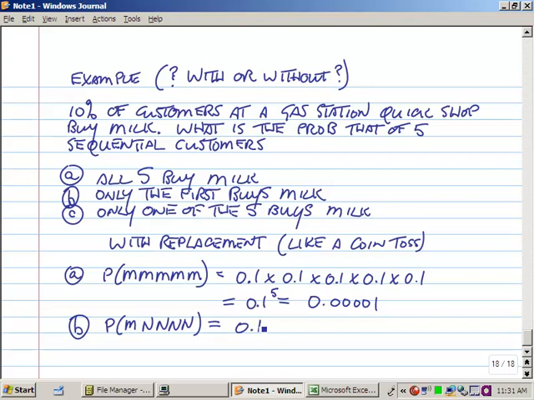We're told the order, so first one 10% buys milk, and then we have 4 customers that do not buy milk, so 0.9 or 90% 4 times. Okay, and the answer to that, once you've pulled out your calculator and worked it out, is 0.06561.